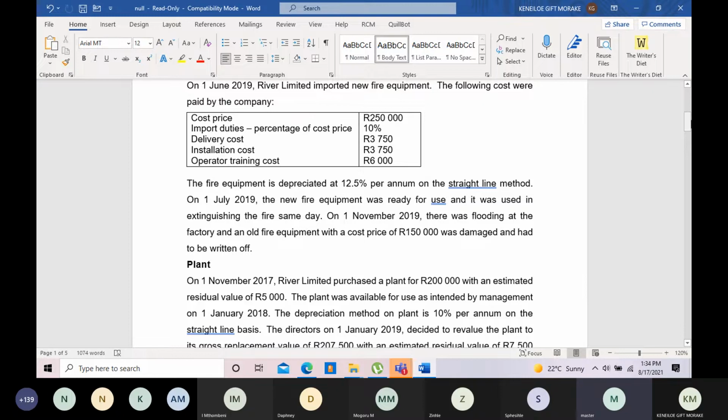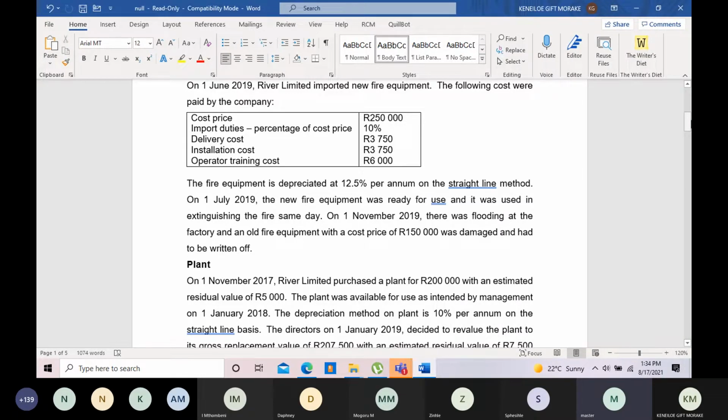Okay, here we have the fire equipment, which is depreciated at 12.5% per annum on the straight line method. If you want to convert the percentage of depreciation, you use 100% and divide by the percentage for depreciation.